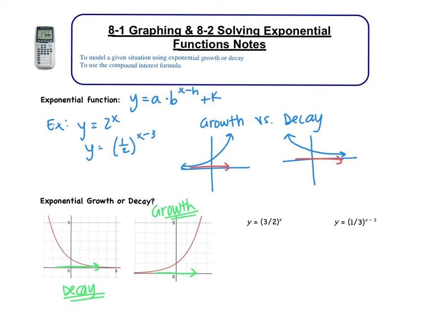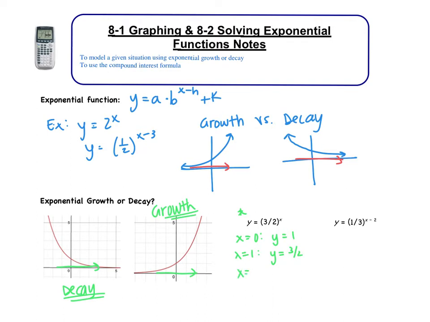Okay, now how do we tell if we have an equation and not a graph? Well, let's start with this third example. If we plug in 0 for x, 3/2 to the 0 is just 1. If we plug in 1, 3/2 to the first is 3/2.